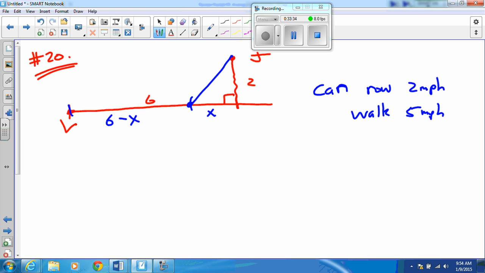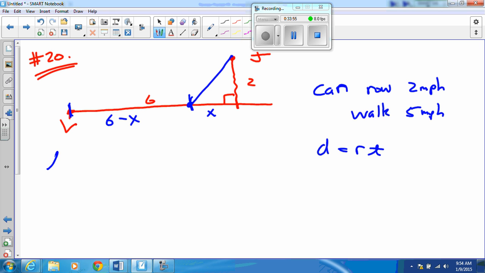Okay. And now we can construct the amount of time that it's going to take her. And we're going to use a time-honored formula that you have known since at least 7th grade. Distance equals rate times time. Now, this part of the distance is really easy.